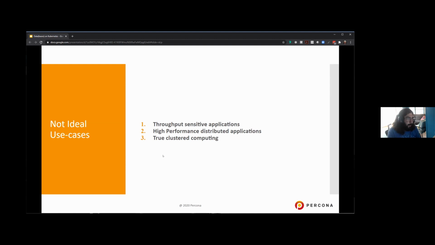And then obviously true clustered computing, where it's a different type of obfuscation with clustered computing than it is with Kubernetes, which is just generally available infrastructure, right? Generally available CPU is different than all of these CPUs need to work together all the time. And so probably not a great use case to put into Kubernetes.